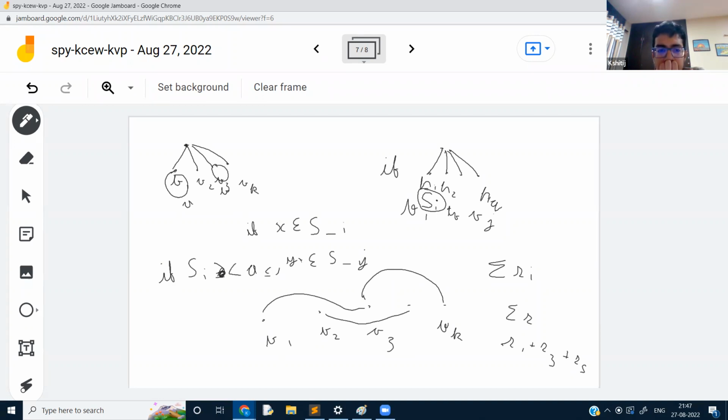If Si is less than A, is less than B for all i, this clearly means that if we exclude the centroid, we cannot find any subgraph which can be a connected set. And the centroid can be in exactly one set. We need two sets, A and B. This is size at least A, this is size at least B. But if each connected component has size less than A, which is also at most B, we cannot find both the sets.